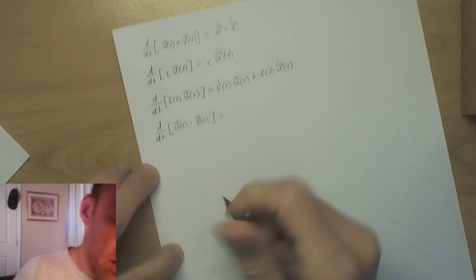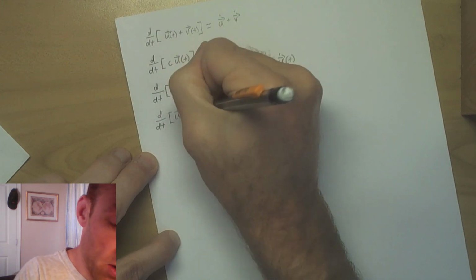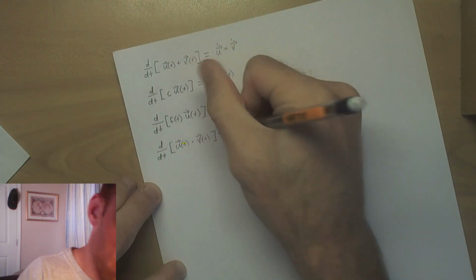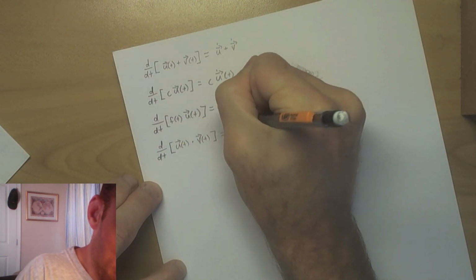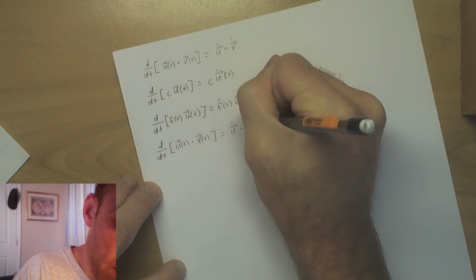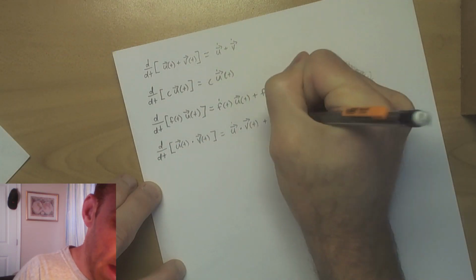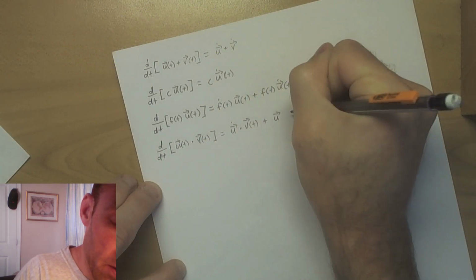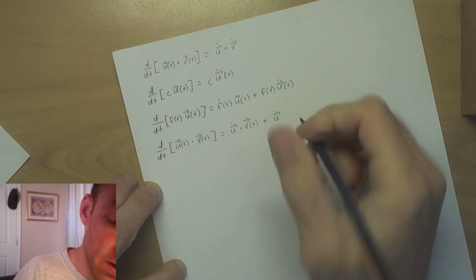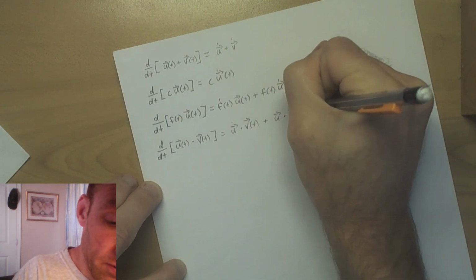So that's going to be the derivative of the first dotted with the second, and then I have to add on the dot product of the first vector with the time derivative of the second.